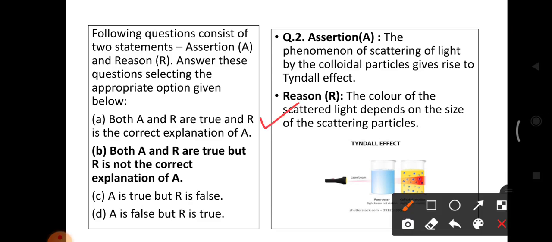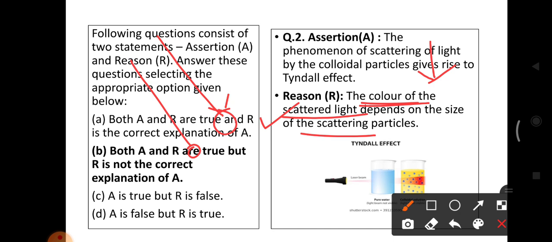This is also true, but it is not the correct explanation of A. The phenomenon of scattering of light by the colloidal particles giving rise to the Tyndall effect is correct.